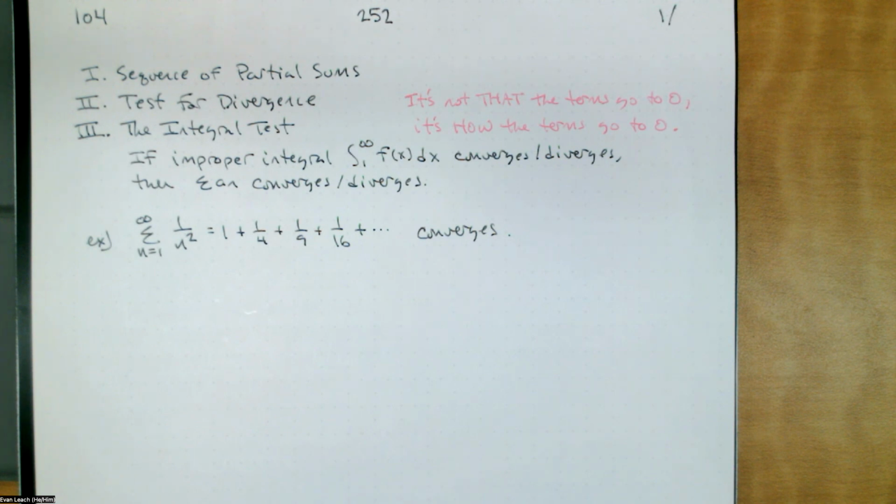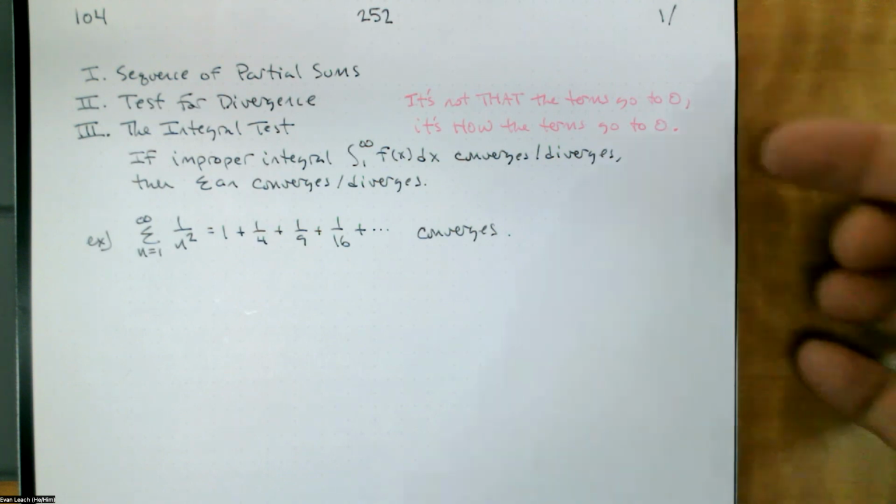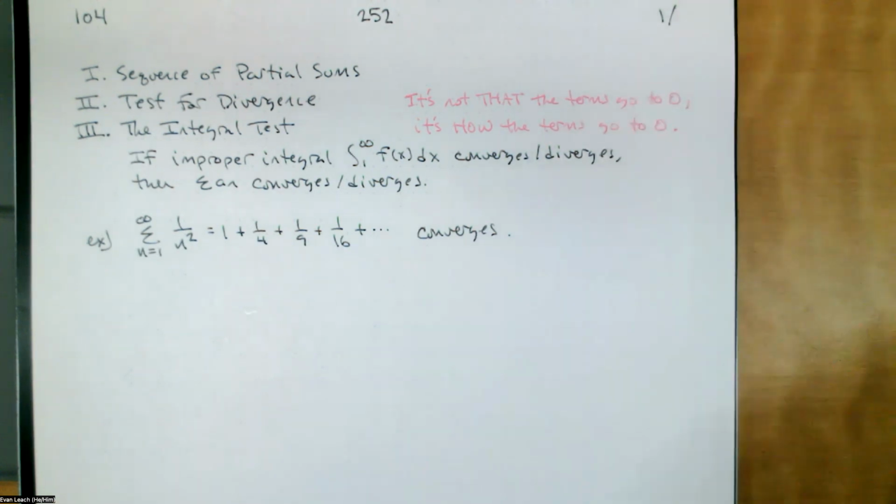So that was our first important realization. If the terms don't go to zero, then the series diverges. Since there are series where the limit of the terms is equal to zero and the series still diverges, our favorite one being the harmonic series, we drew this conclusion. It's not that the terms go to zero, it's how the terms go to zero.